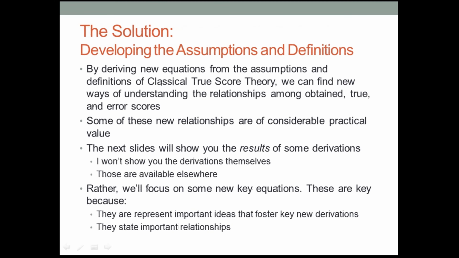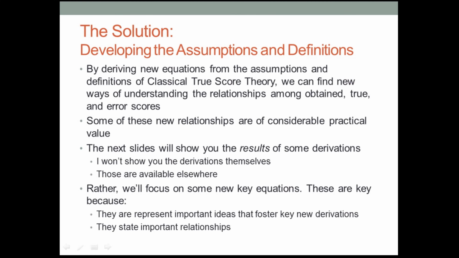By deriving new equations from the assumptions and the definitions of classical test score theory or true score theory, we can obtain new ways of understanding the relationships among obtained, true, and error scores. And some of these new relationships are of considerable practical value. So in the next slides, I'll show you the results of some derivations.